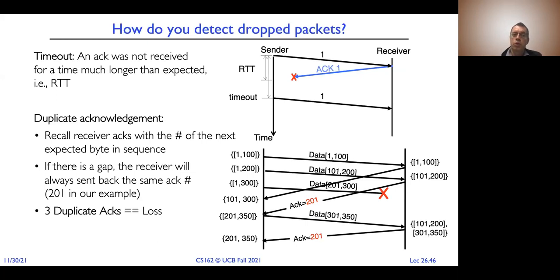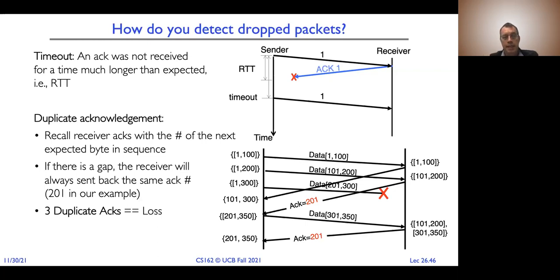So now you told me two times that the next in-sequence number you expect is 201. I'm sending you another packet, between 400 and 500 bytes. Again, you tell me the next byte in sequence I'm expecting is 201. So again, an acknowledgement which is a duplicate.